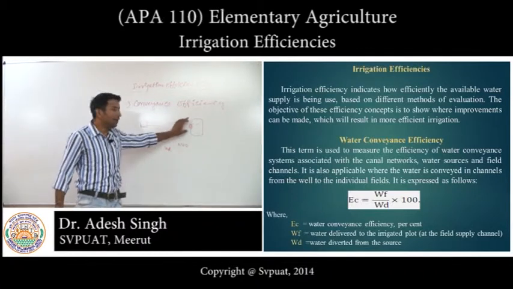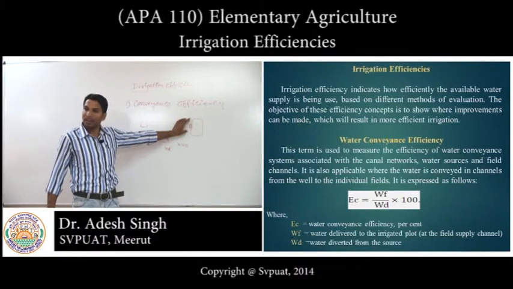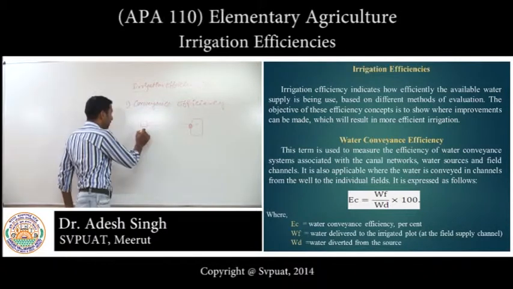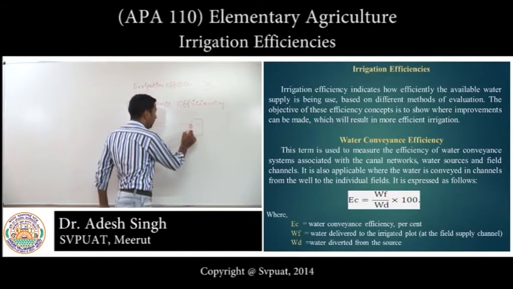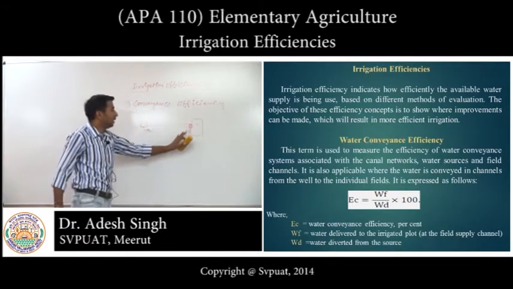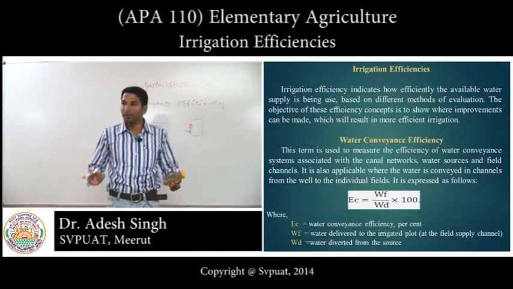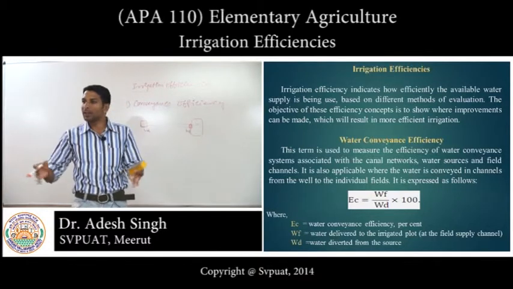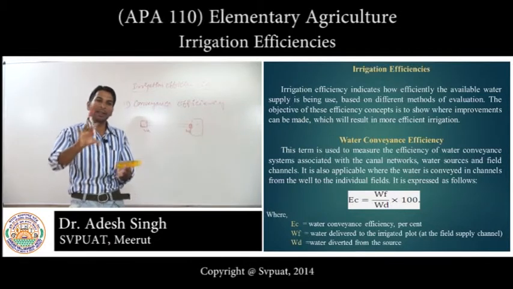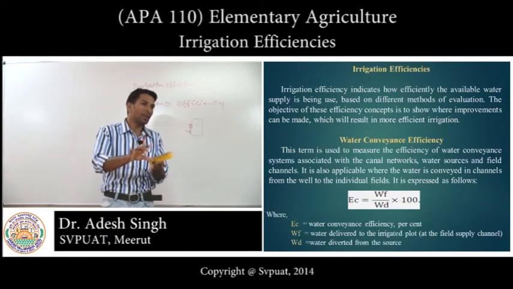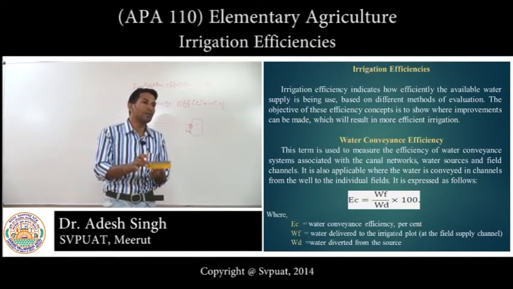When water reaches this field gate, suppose this was the WD and this was the WF, then ultimately water is received by the soil column, because roots are there in the soil column, which is known as the root zone soil.